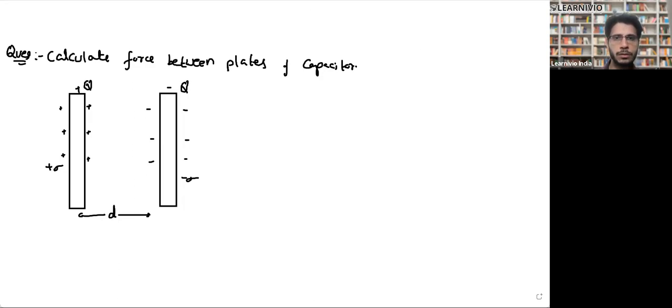So electric field into charge. Yes. Can we write this force in this way, that the force between the charges is kQQ by d square? Ahmed, can I write the force between the two plates as kQQ by d square? I know you were absent for a very long time, but you have done Coulomb's law.